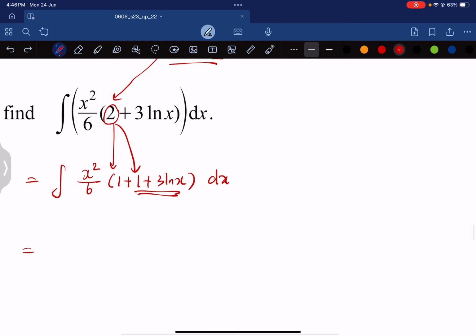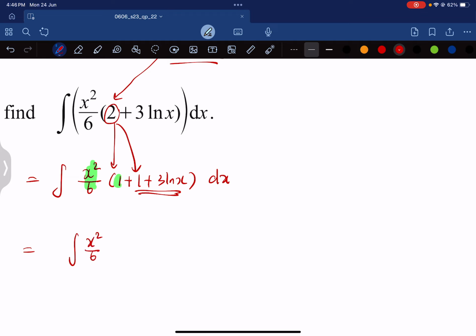So we have this times this. We have integrate x squared over 6 dx plus integrate x squared over 6. Over 6, I can take it out, become 1 over 6, x squared times 1 plus 3 ln x.